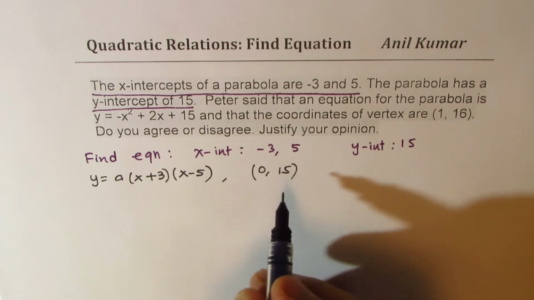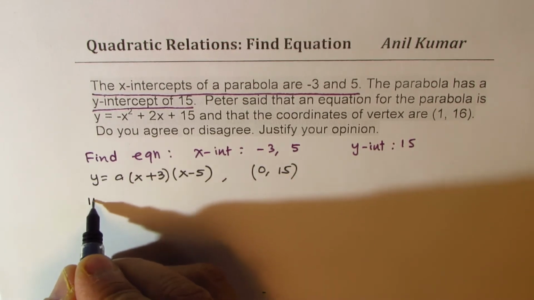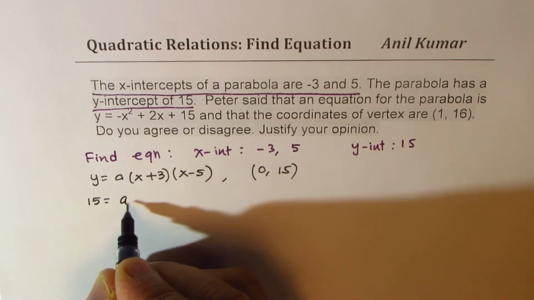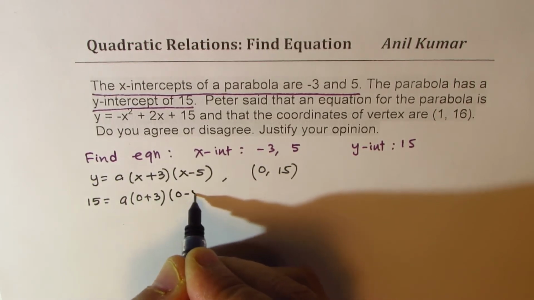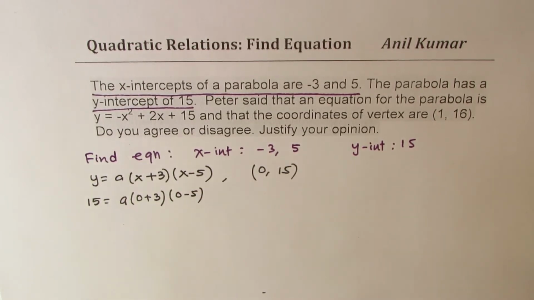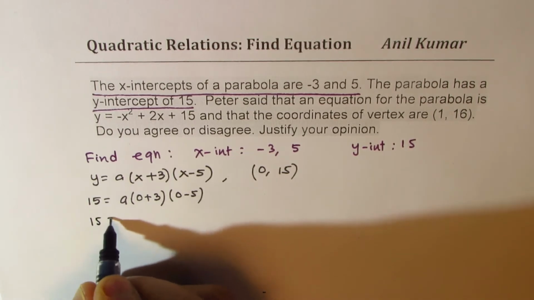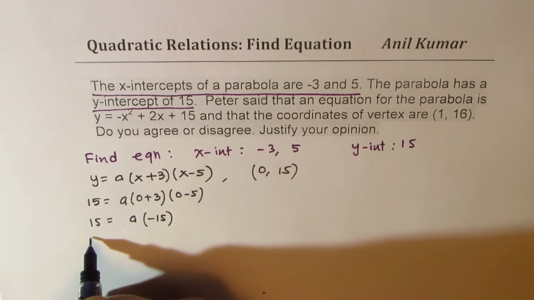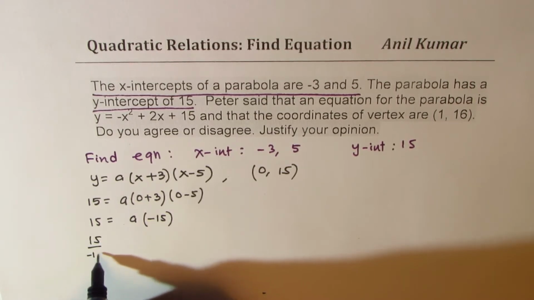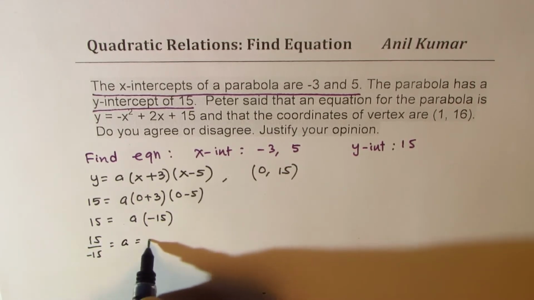So we can substitute 15 for y and 0 for x. So we get the value of a from the second condition, right?